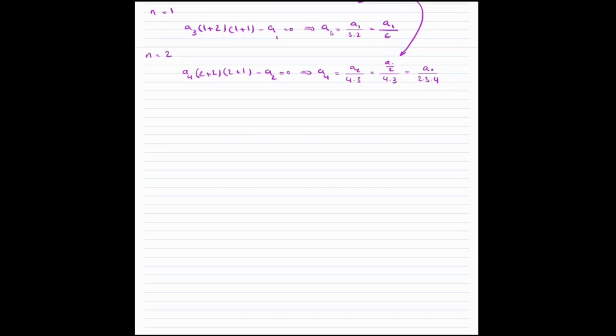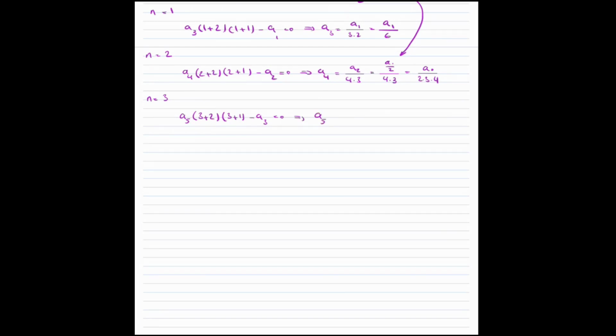So the next point is going to be n equal to 3. a5 by (3+2)(3+1) minus a3 equal to 0.